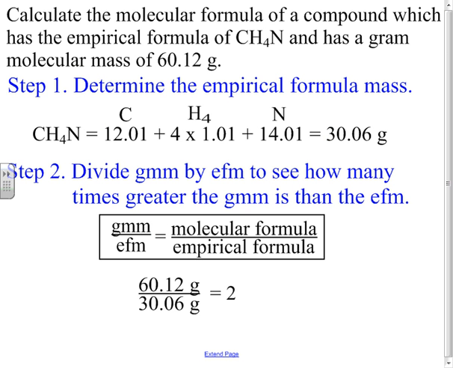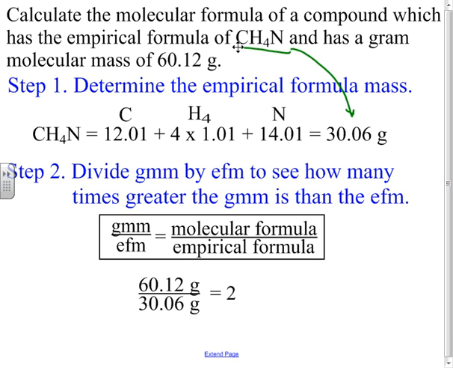So if I ask you to calculate the molecular formula of a compound which has the empirical formula of CH4N and has a gram molecular mass of 60.12, the first step is to determine the empirical formula mass, the mass of the empirical formula. So we're just going to add 1 carbon, 4 hydrogens, and nitrogen. So this compound has a mass of 30.06 grams, adding up the molar masses from the periodic table.